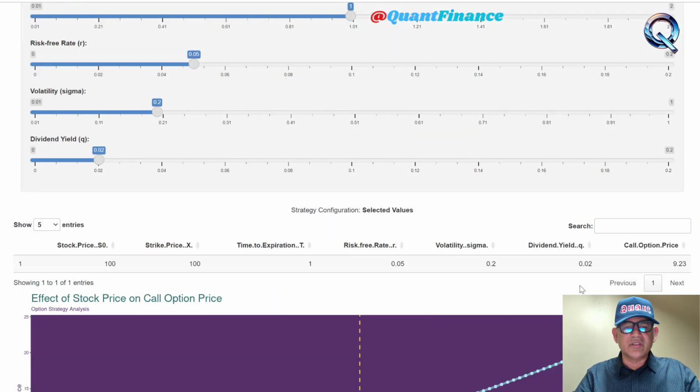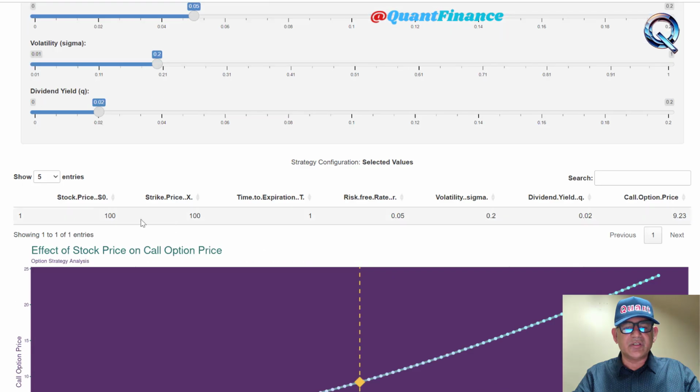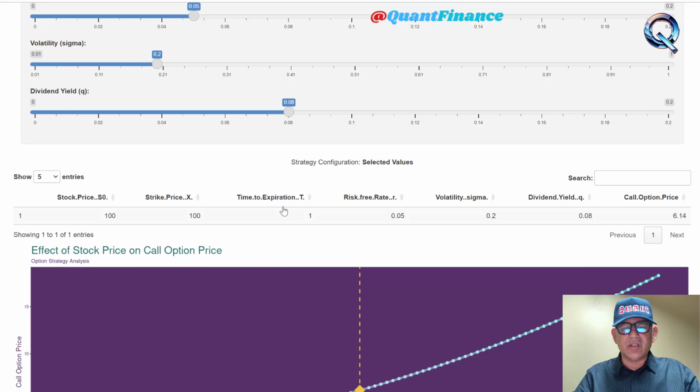Once these are entered, they will be captured in this table. So if the user changes something, for example the dividend rate to 8%, the table captures it: the dividend yield is now 8%.